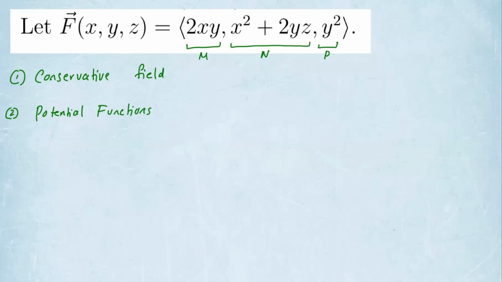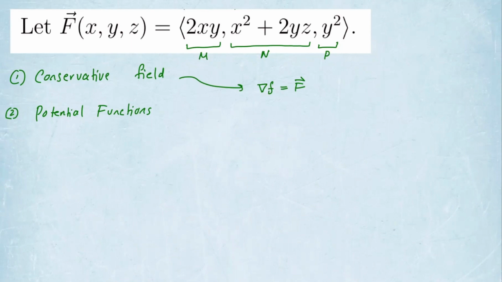Now, to check that this field is conservative, we need to do the following. I hope you remember that a field is conservative if the gradient of some potential function little f is equal to the vector field. This field is given in terms of M, N, and P, but they're really the first partial derivatives of that potential function f.